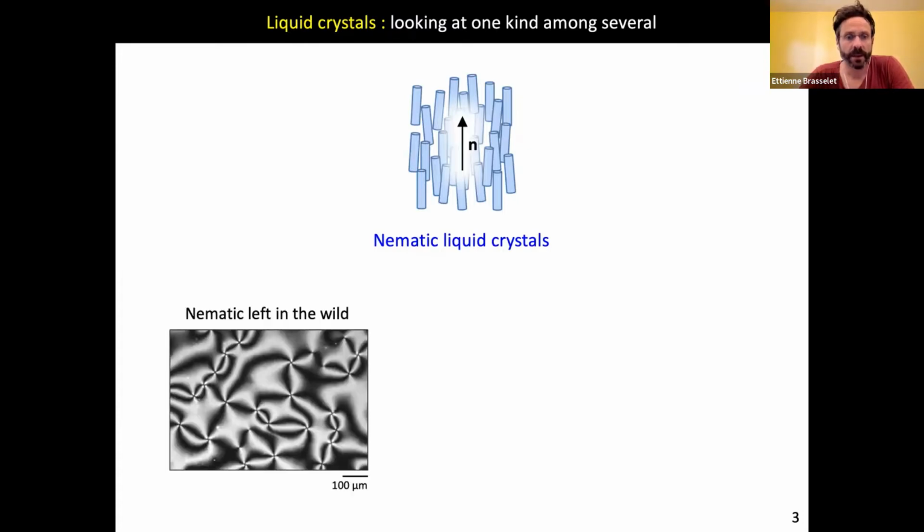So these materials, if you leave them, I would say, without any external constraints, this is what I call left in the wild, they express themselves in a very distorted way. This picture is a crossed-polarizer optical microscope image, taken between crossed linear polarizers, and you can see structures. You can see black and white, you can see the same crosses we saw in the last slide.